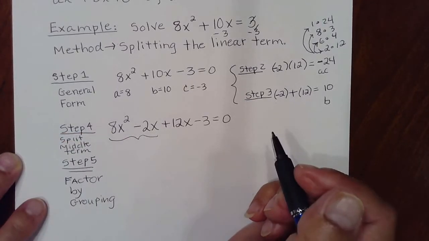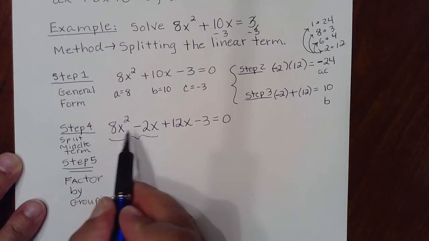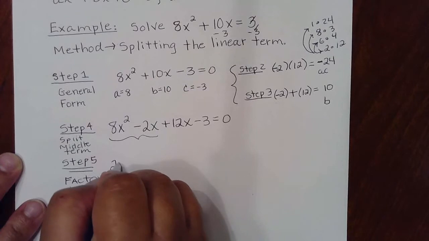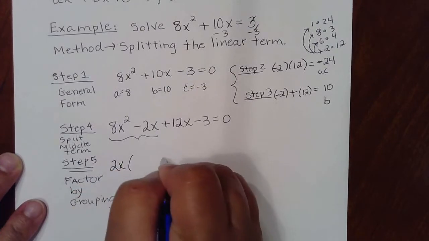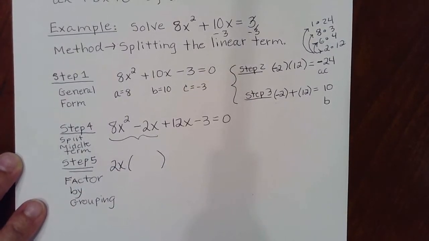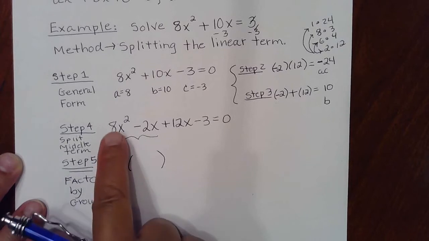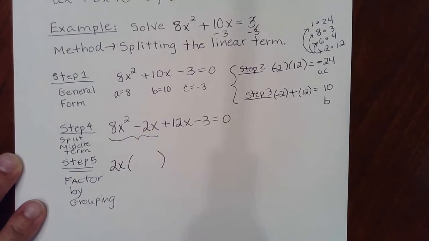Okay, so factor by grouping, largest factor that goes into both of these is 2x. So we're going to take out that common term and put 1 parenthesis next to that GCF. Every time you take a GCF out of an expression, it is used as a multiplier to regain each of the terms that you took it out of.